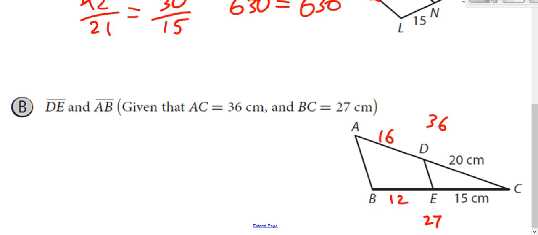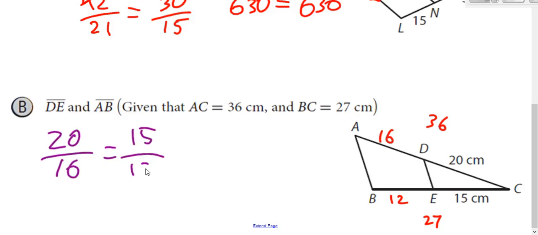So then you have your proportion, 20 over 16 equals 15 over 12. You could reduce each of those to be 5 over 4 to show that they're equal, that they're proportional.